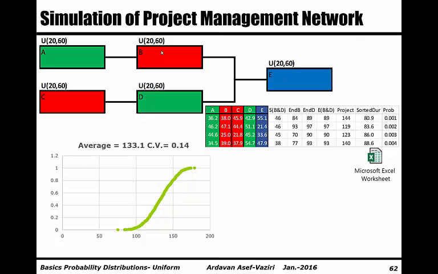But the logic is exactly the same. So we have 5 activities. Technical dependencies: A, immediate precedence B, C, immediate precedence D, B and D, immediate precedence E.